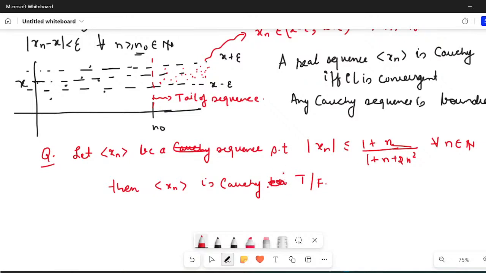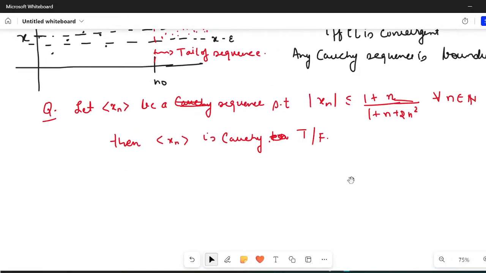Is there anybody who is watching this particular lecture? If yes, please let me know whether you are getting the question or not. The question says that let xn be a sequence such that modulus of xn is less than or equal to (1 plus n) divided by (1 plus n plus 2n square) for all n belongs to natural numbers. Then xn is Cauchy. True or false? If you're not getting the question, I will repeat it.